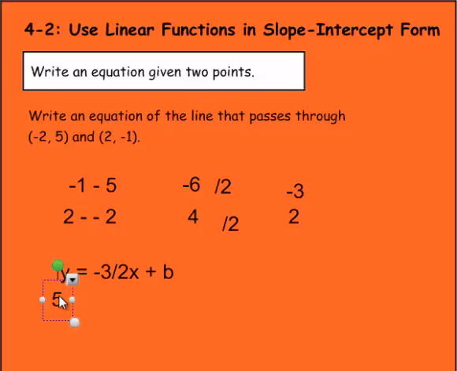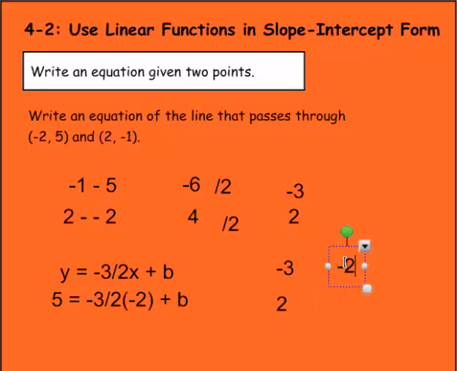So 5 equals -3 over 2, and then x is -2, so times -2 plus b. I'm going to do -3 over 2 times -2, it would be -3 over 2 times -2 over 1, and then it would be +6 over 2, and I could do +6 divided by 2 to be 3, so it would be 5 equals 3 plus b.